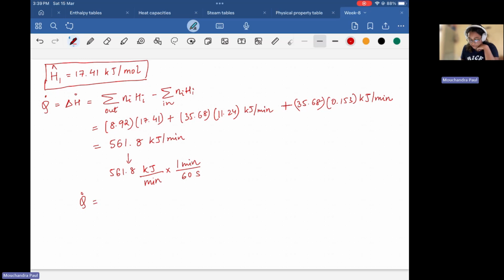So you should now get 9.36 kilowatt. This is your answer for this particular question.